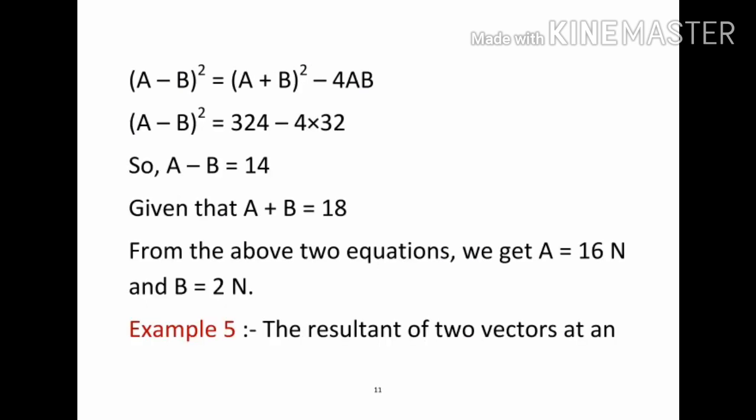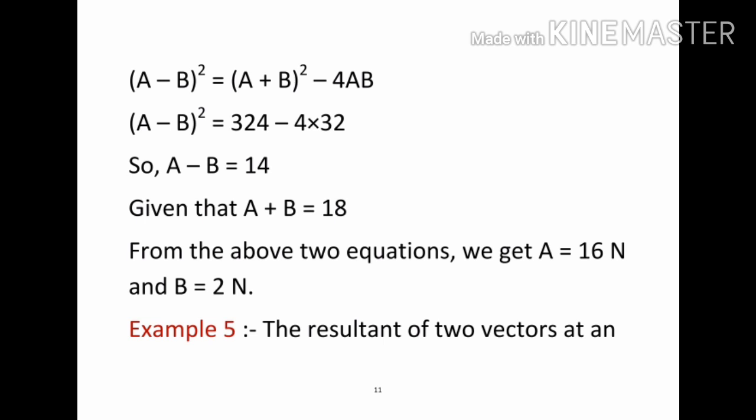To get the A minus B value, we use A minus B whole square is equal to A plus B whole square minus 4AB. That implies A minus B whole square is equal to 324 minus 4 into 32. That means we are just applying the values of A plus B and AB. Therefore, A minus B is equal to 14.